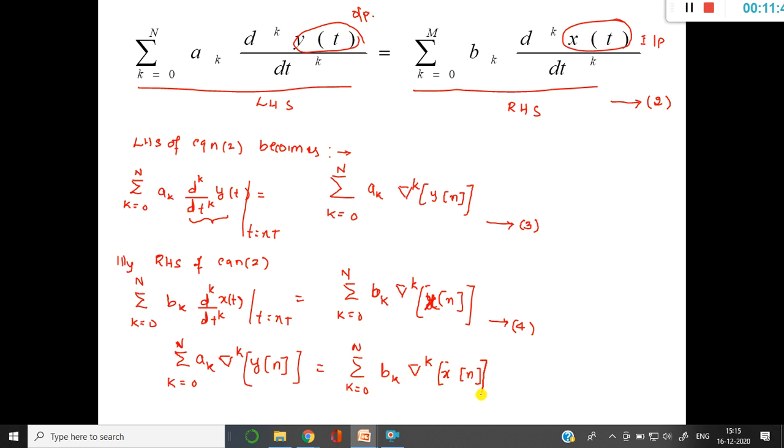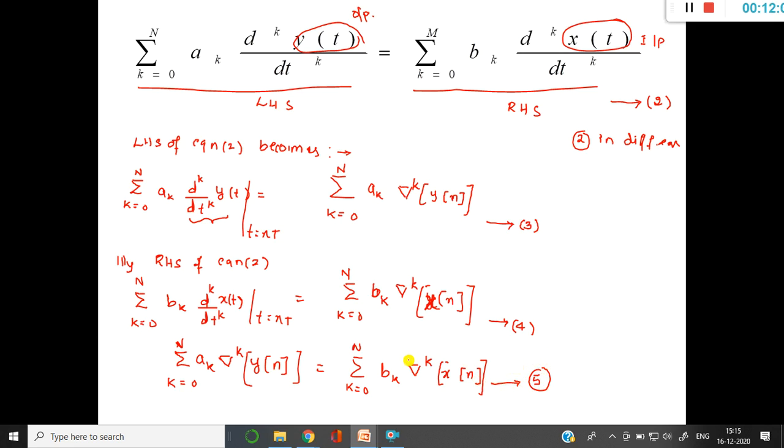This is how we represent the conversion of equation 2 in the form of difference equations, represented by equation number 5.